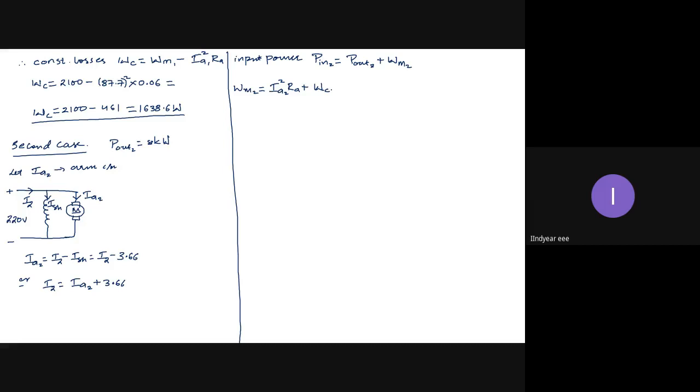IA2 square RA I don't know, therefore I can't calculate WM2. Here, P in is V into I2, which is 220 into I2, which is IA2 plus 3.66.